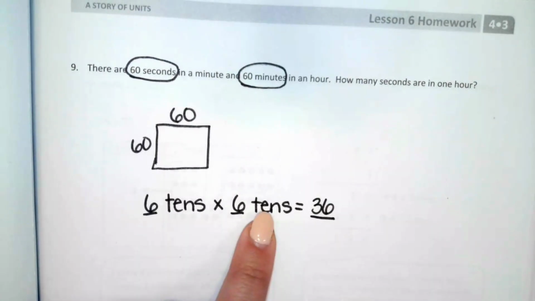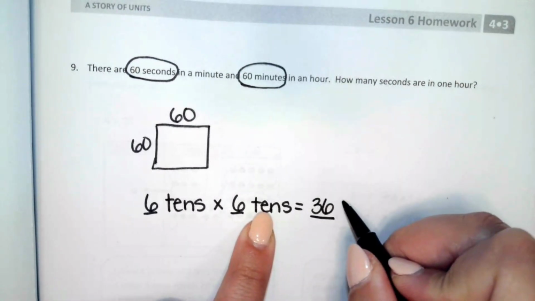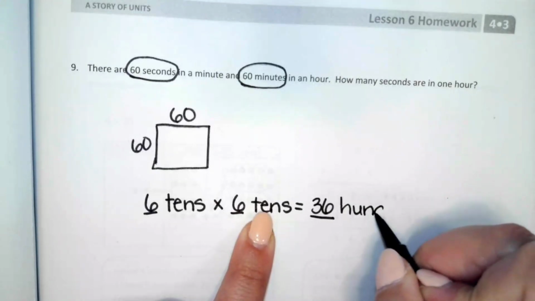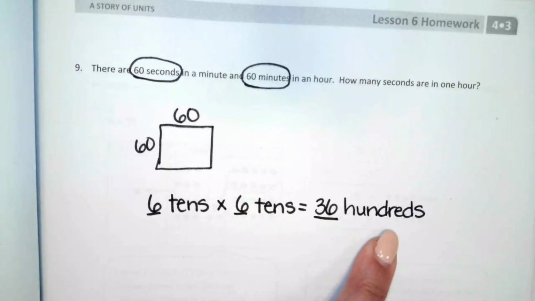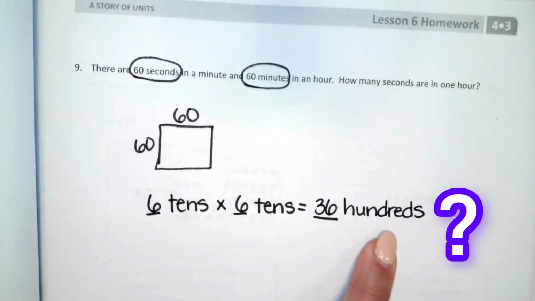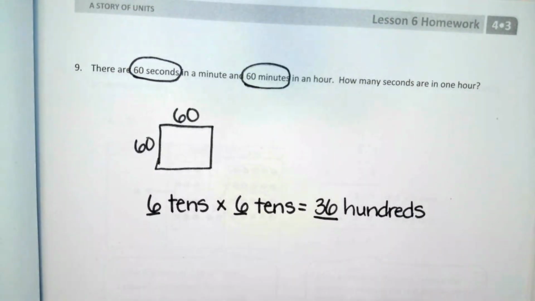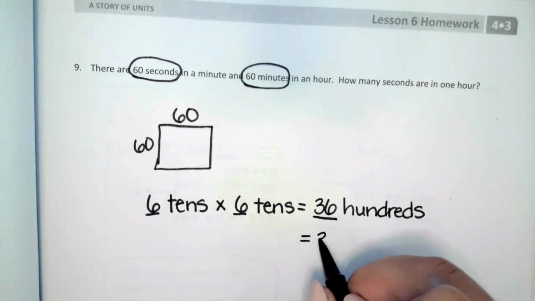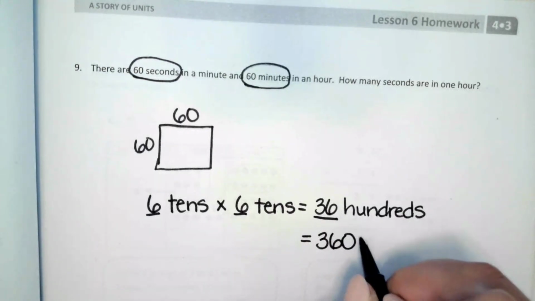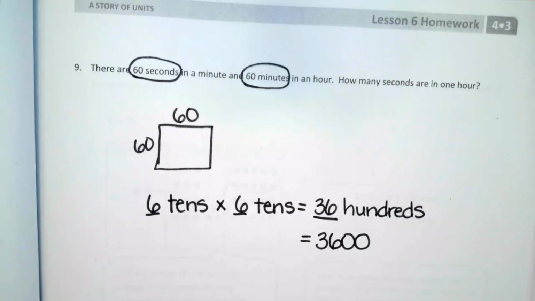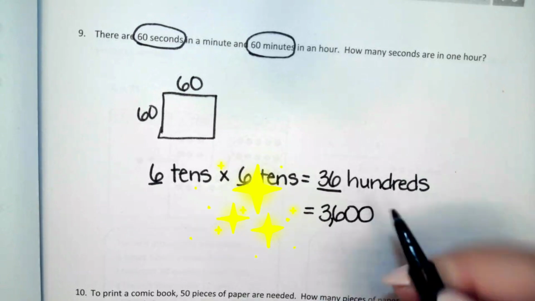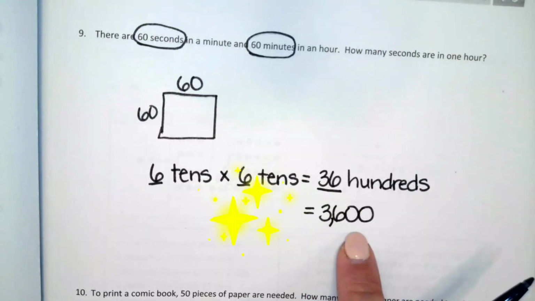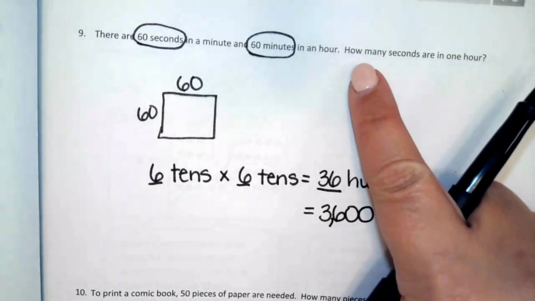And tens times tens equals hundreds. We got 36 hundreds. How do we write that in standard form? That would be 36 with 2 zeros on the end. It looks like this, 3600. What's another name for 3600? It's also called 3,600.